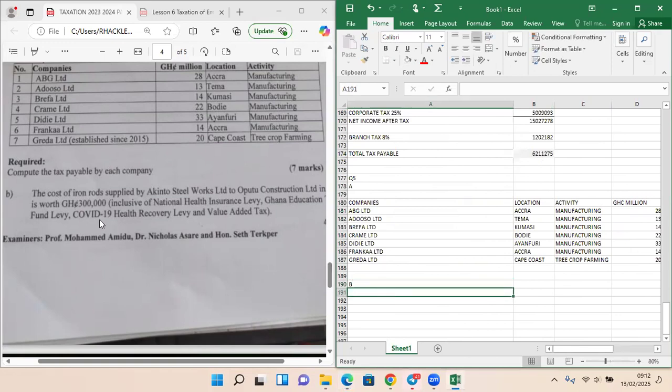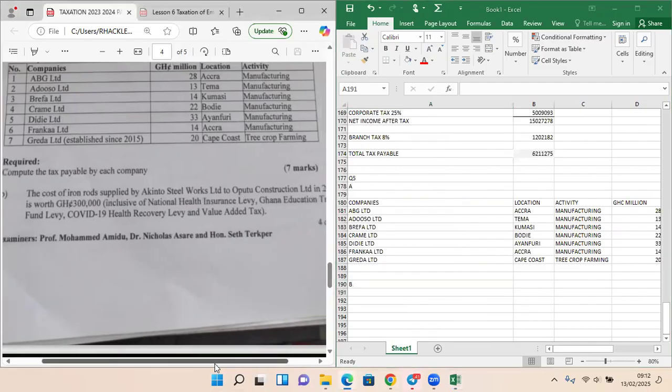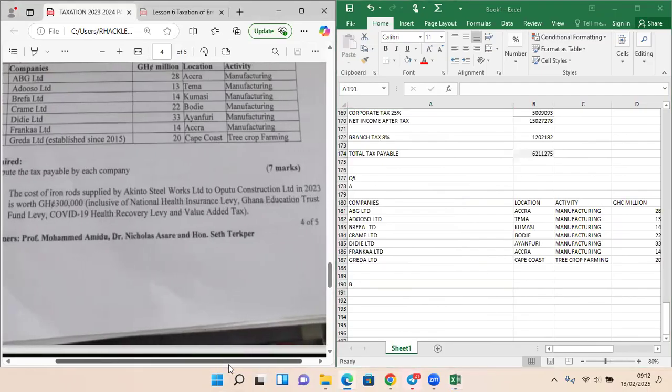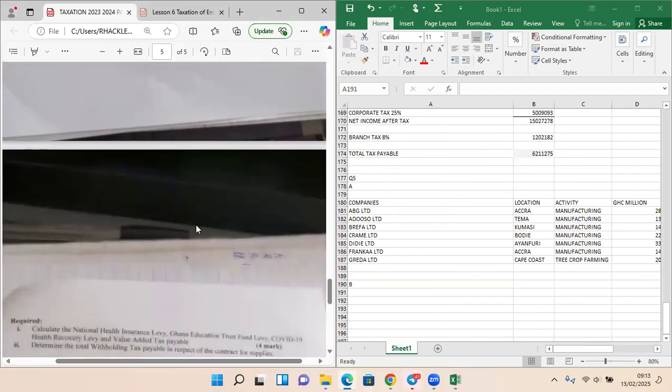The cost of iron rods supplied by Akinto Steel Works Limited to Ubuntu Construction Limited in 2023 is worth 300,000, inclusive of national health insurance levy, GETFund, COVID-19 health levy, and value added tax.